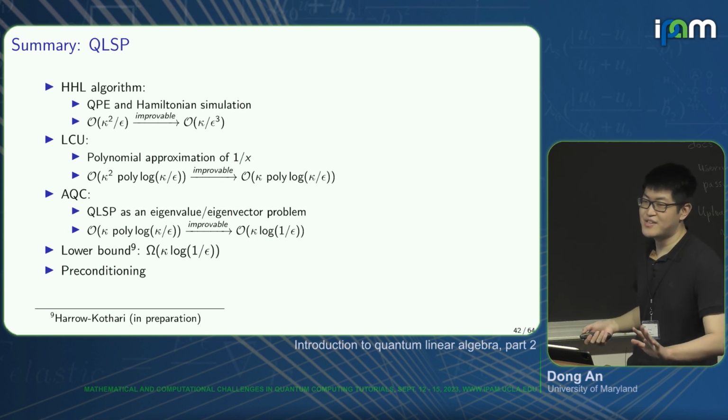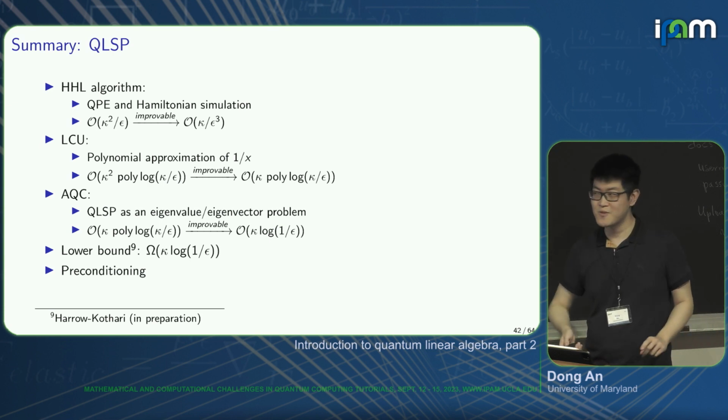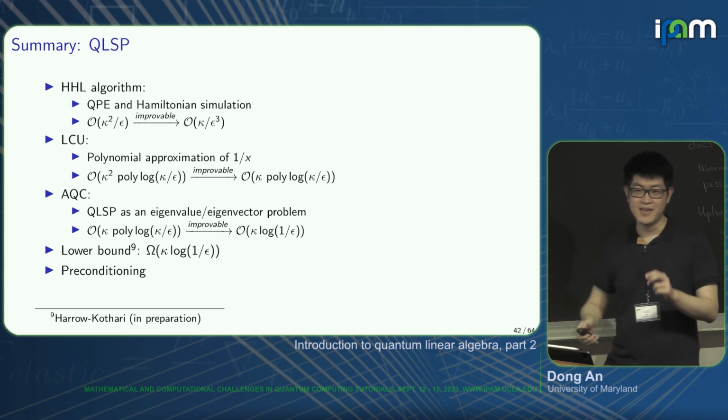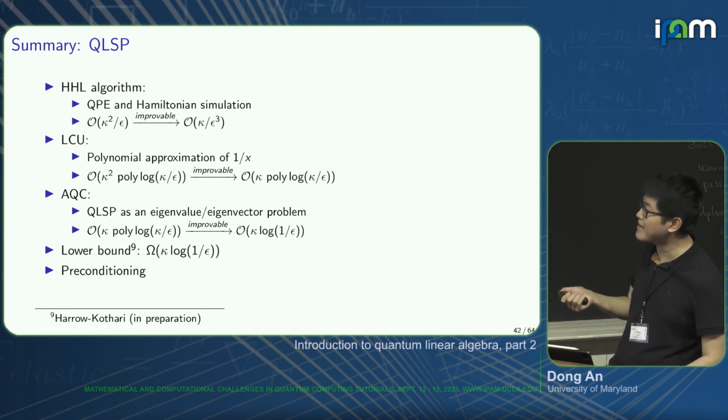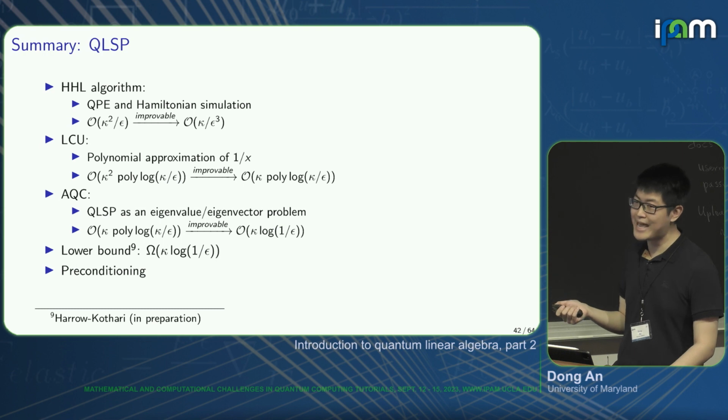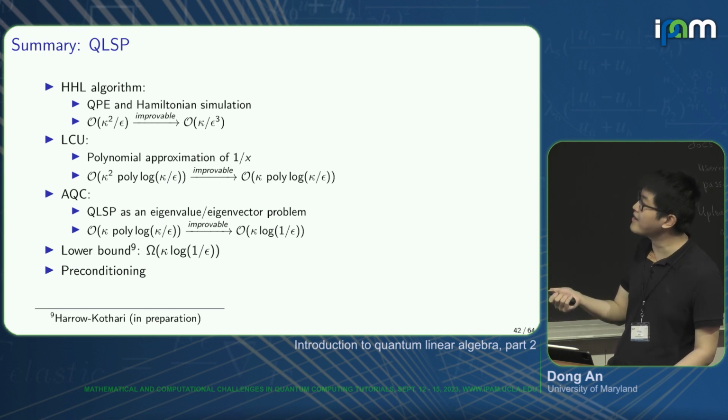The second thing I didn't discuss is that for all of these algorithms, I only showed you the simplest version. All three have further improvements. For example, for HHL, if you use a technique called variable time amplitude amplification, it can be improved to linear in kappa, but with a worse dependence on the precision.